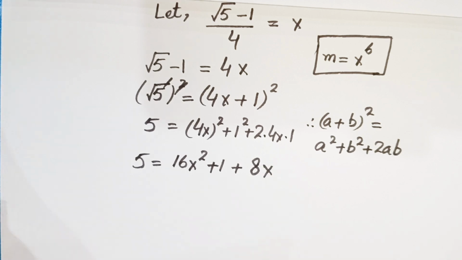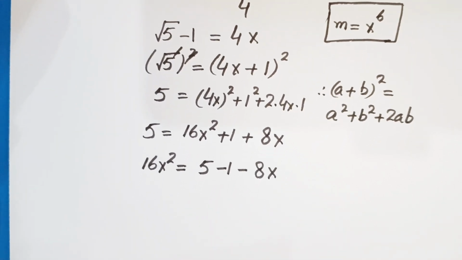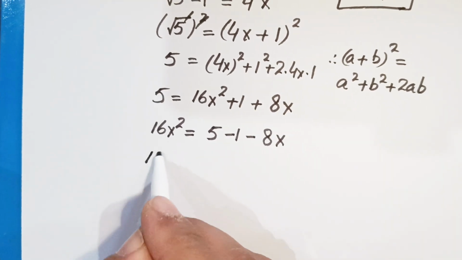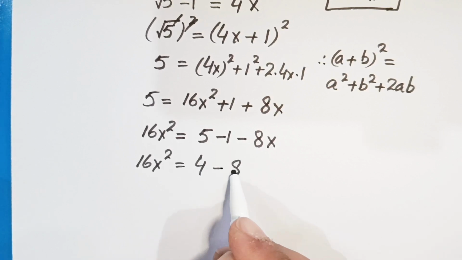So now if we simplify this equation, we have 16x squared is equal to, if we write 5 and shift this 1, we get minus 1 minus 8x. So here 16x squared is equal to 5 minus 1 is 4 minus 8x.